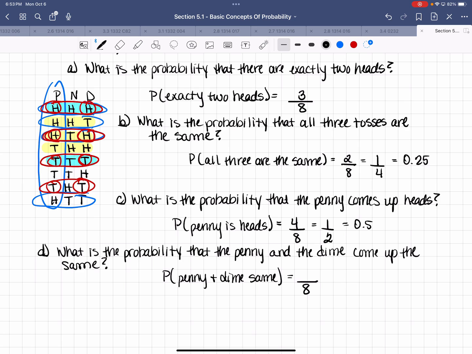It's Monday. 8 possibilities, and how many reds do I have? I had 4, right? So that gives me 4 out of 8, which is 1/2, which is 0.5, which is 50%. Okay? Not bad, right?